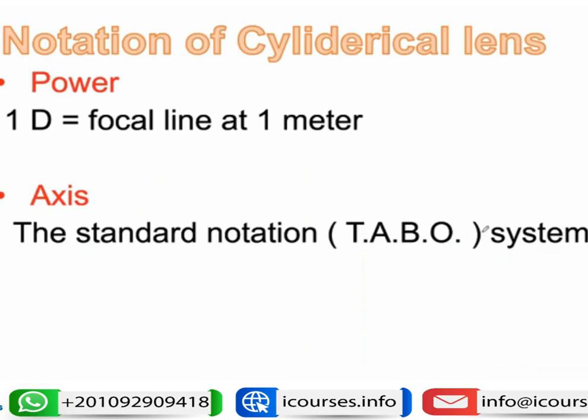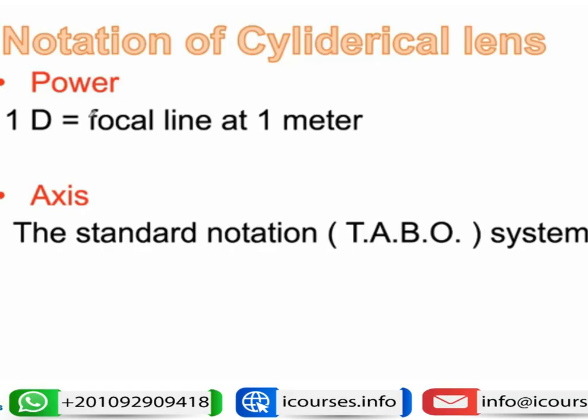How can we do the notation of the cylindrical lens? The spherical lens has only a single notation, the power. So we can say that the spherical lens is +3, +4, -2, -3. But the cylindrical lens has two notations. The first one is the power.